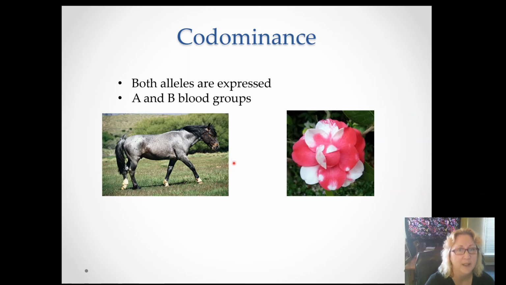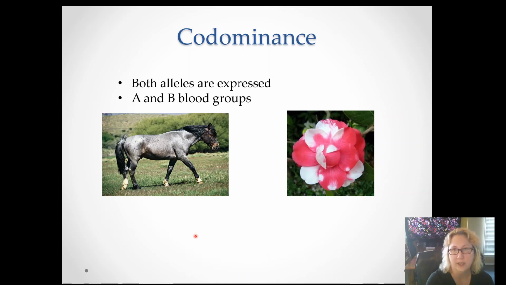but it is not due to codominance. Another example that's commonly used is a horse with a coat color called roan, R-O-A-N. If you look really closely at the individual hairs on the horse, they have white hairs and black hairs, and together they make this kind of silvery blue look. Although I have been informed by former students who were horse breeders that in fact you do not get a roan horse by breeding a white horse and a black horse.